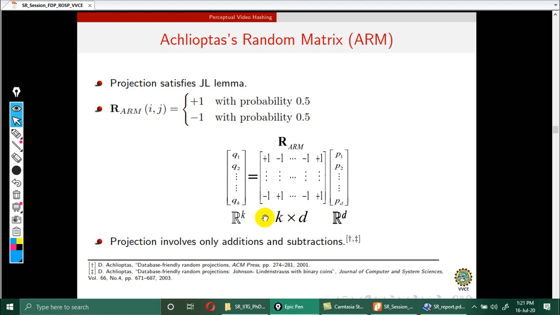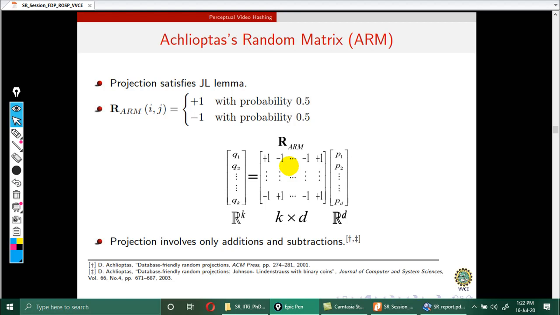What is the resultant order? k by 1. So this is a point in the low dimensional space. Since the Achlioptas random matrix satisfies the JL lemma, we are sure that when we do this on multiple points, the distances are preserved. So it's a distance preserving transformation in random projections.